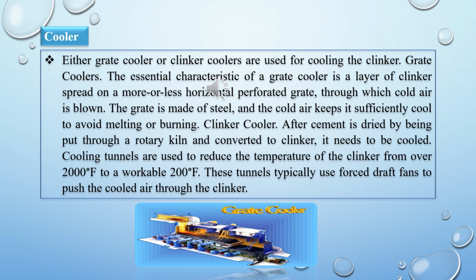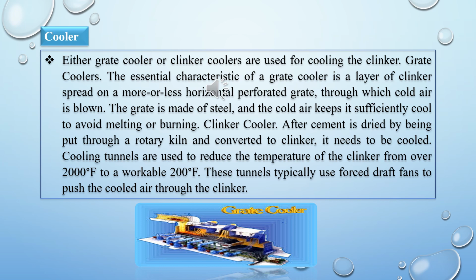As the cement passes through the kiln, because it is heated there, now it is necessary to cool down your cement. And the next equipment is coolers. Either grate coolers or clinker coolers are used for cooling clinker.